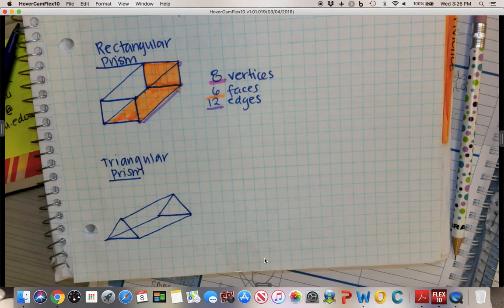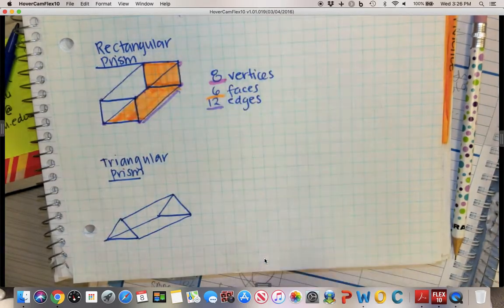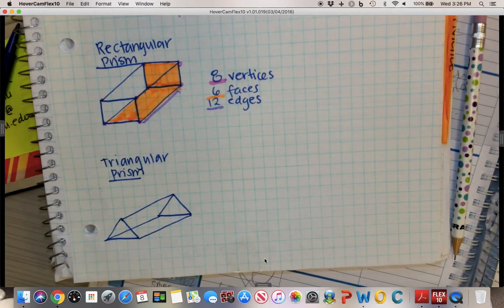And you can see that it is half of a rectangle. It has less vertices, it has less edges, and it has less faces. And we're going to look at all of those.